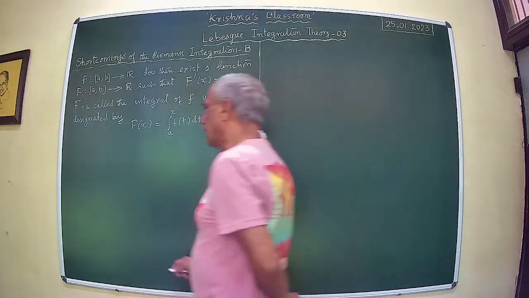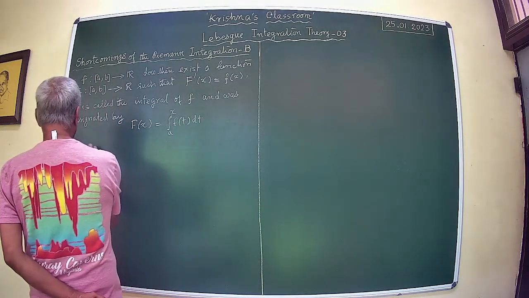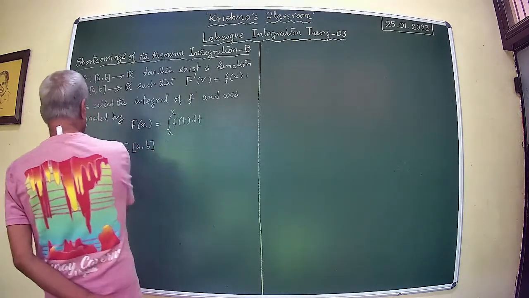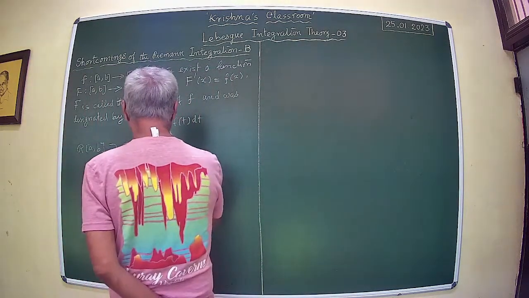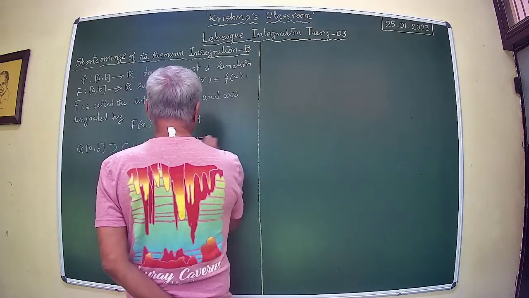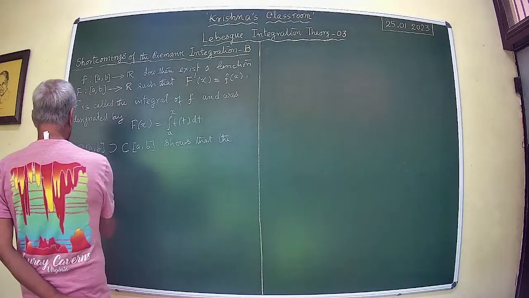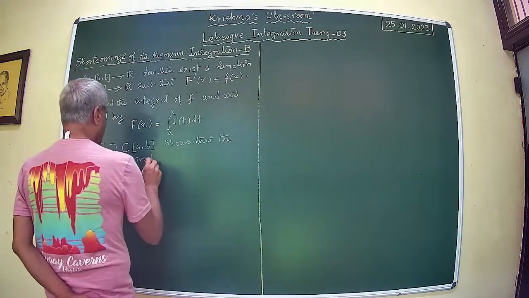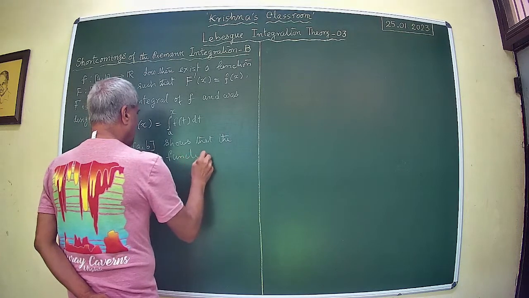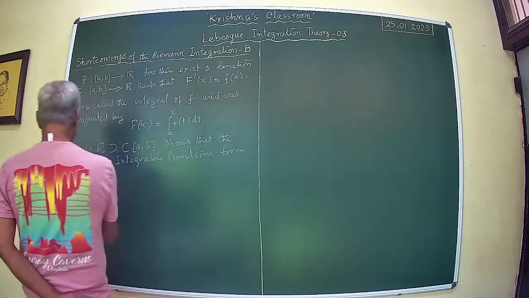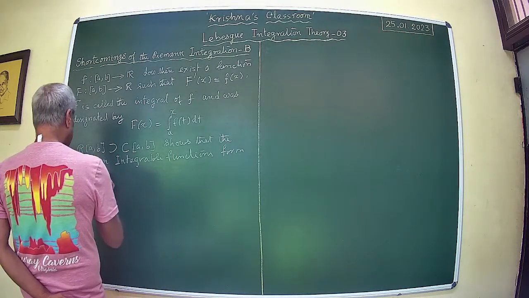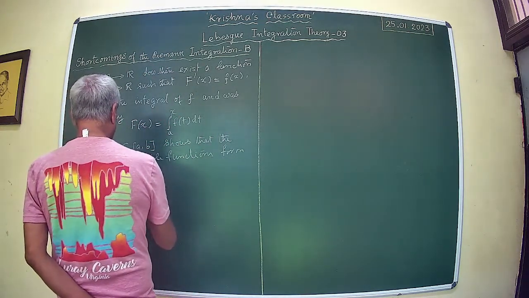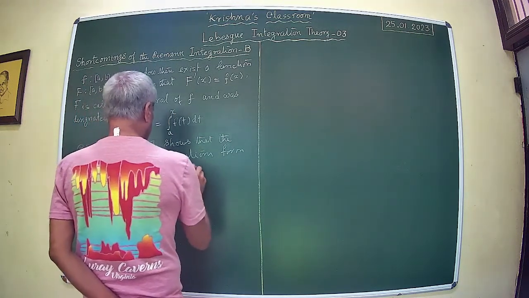All Riemann integrable functions we denoted by R[a, b], and the fact that C[a, b], the class of all continuous functions, is a subcollection of that, shows that the Riemann integrable functions form a large class, bigger than the class of continuous functions.